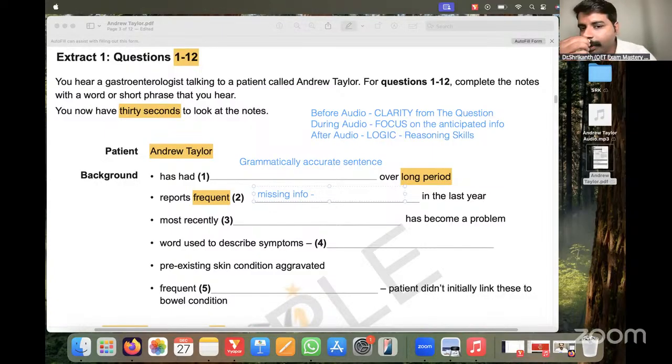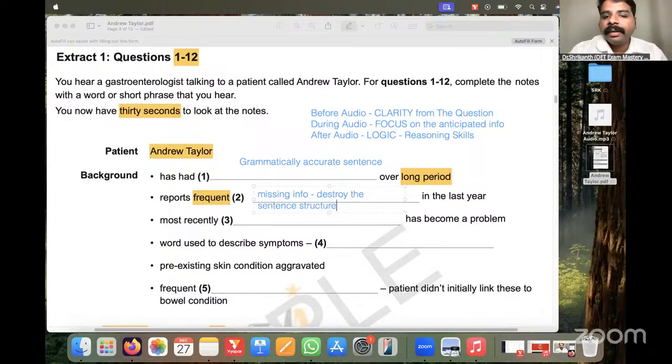Because of that, they will destroy the sentence structure. So even if you write the correct answer, but you put in extra words or letters, or wrong tenses, even if it is the right answer, because of the incorrect sentence structure, they will reduce your scores.